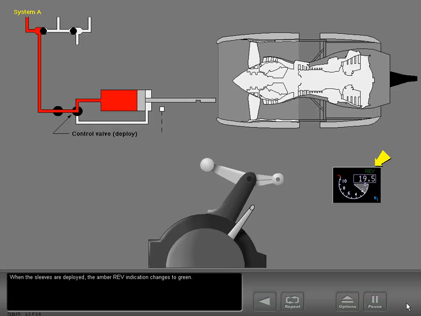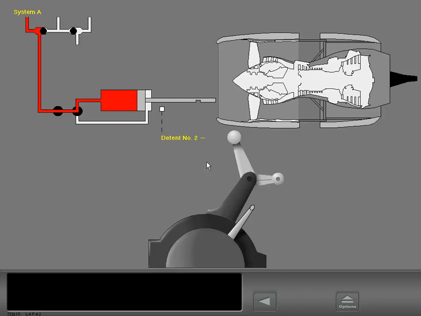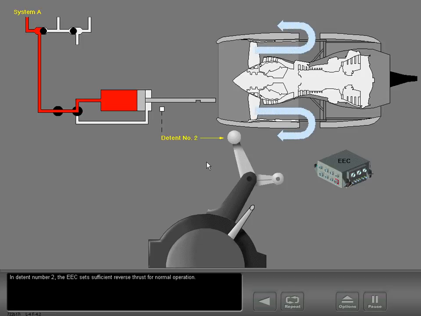When the sleeves are deployed, the amber reverser indication changes to green. Raise the reverse thrust levers to detent number 2. In detent number 2, the EEC sets sufficient reverse thrust for normal operation.